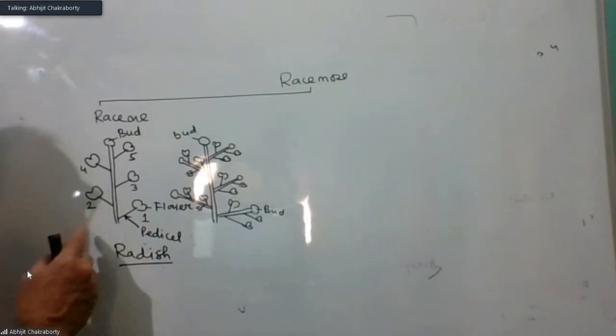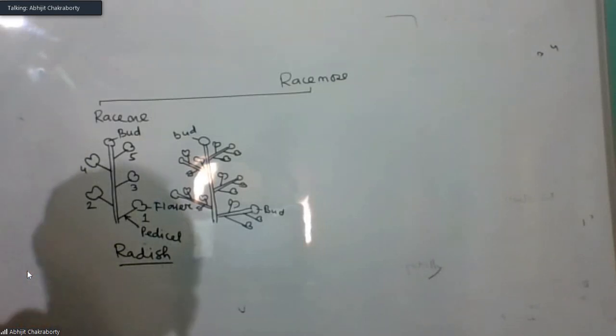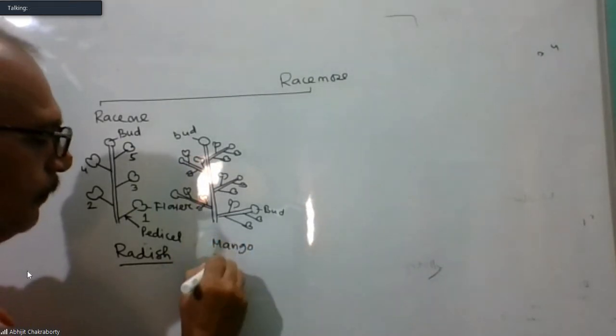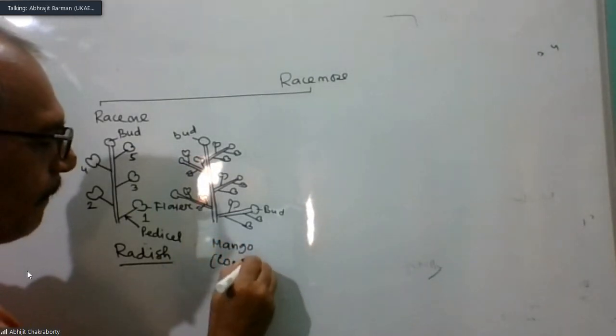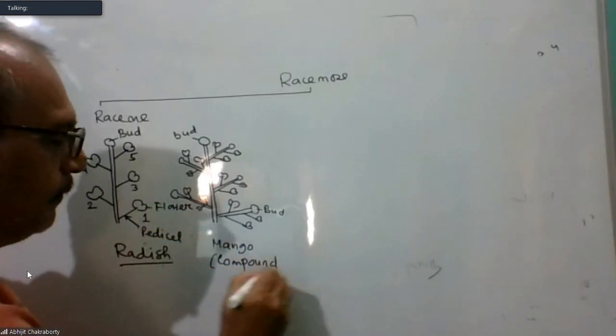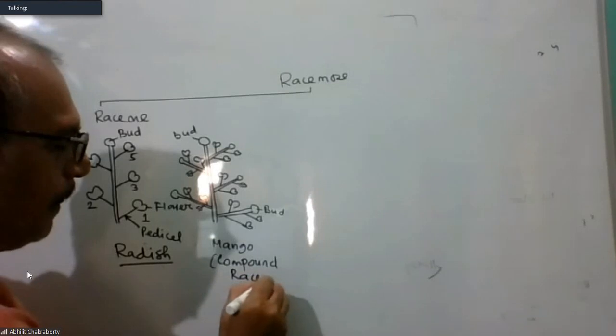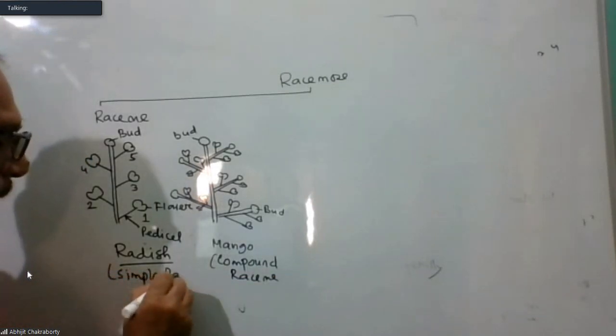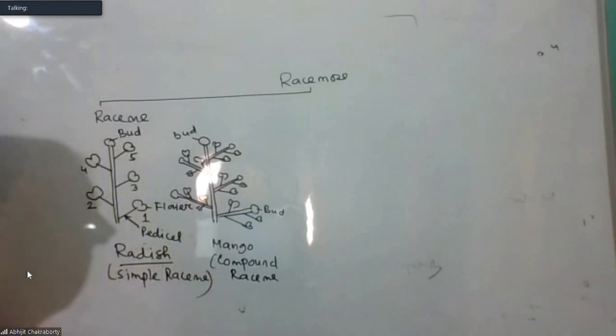It is actually a simple raceme, and the compound raceme is found in mango. Sir, what is the spelling? Raceme. Simple raceme.